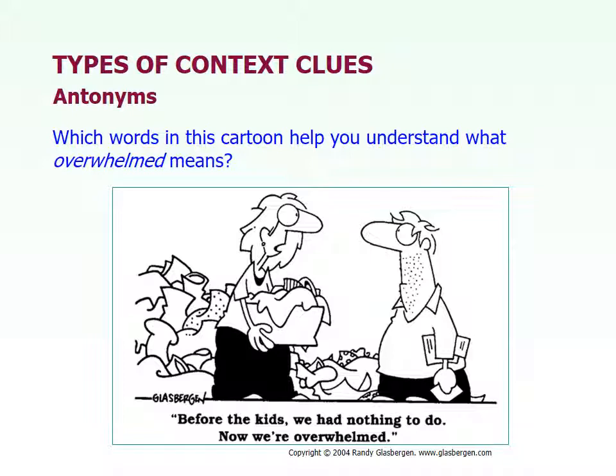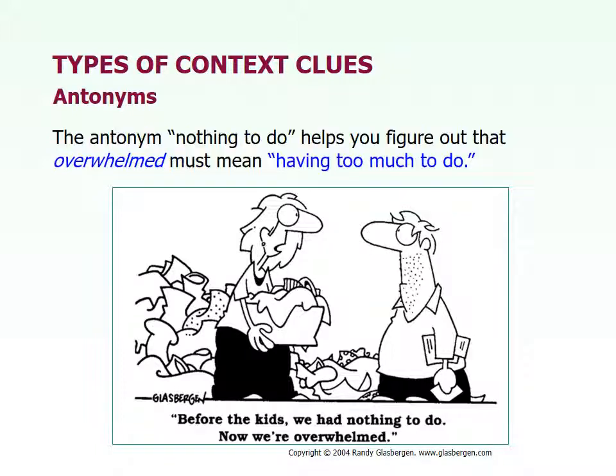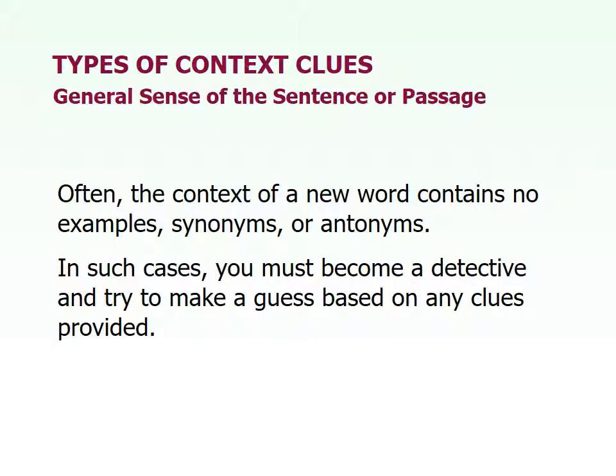So we look in the other sentence: before the kids, we had nothing to do. What words there mean the opposite of overwhelmed? In this case, having nothing to do is the opposite of overwhelmed, which means that overwhelmed means having too much to do.